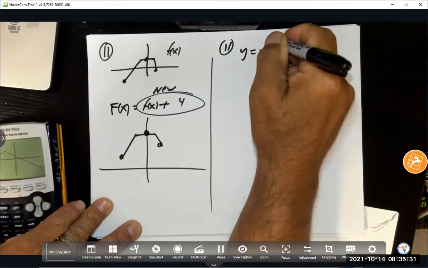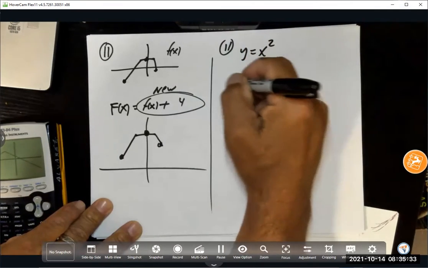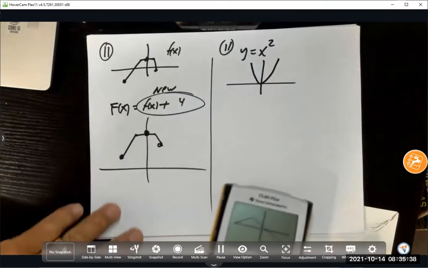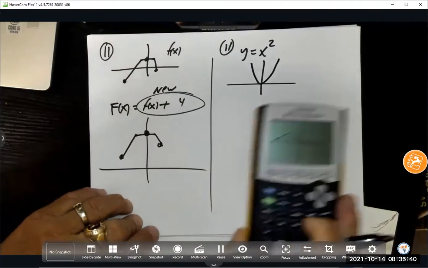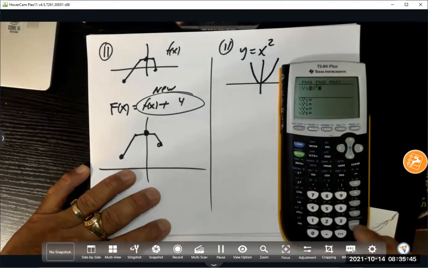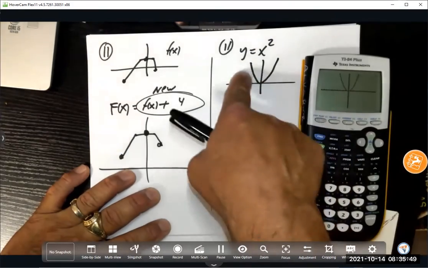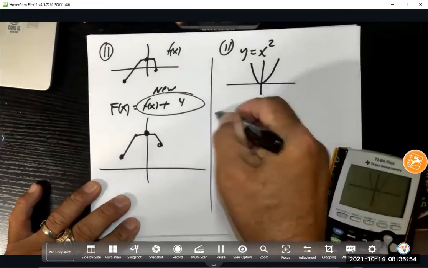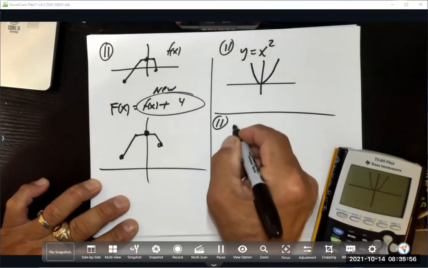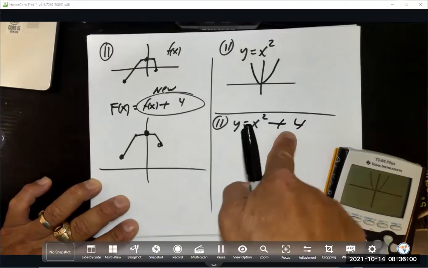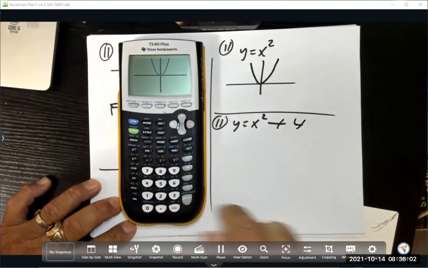Okay, this is the original graph, right? So if I draw this picture right now, you should get this. Do it right now on your calculator. Y equals x squared. So x squared, enter it, hit graph. Just a graph like this, right? Yes. Now, if I say y equals x squared plus 4 on the outside, this is what it does to it.